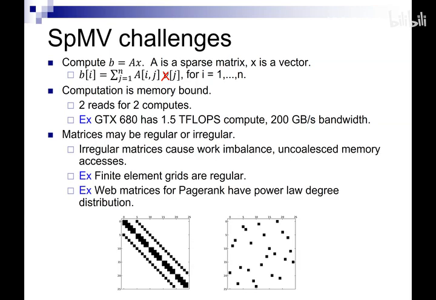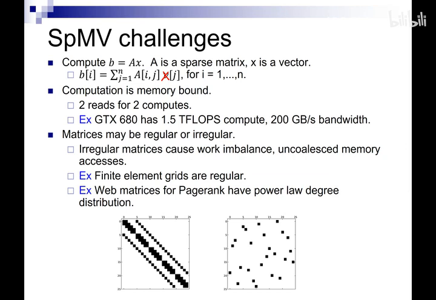Another reason it's hard is that the matrices we work with may either be regular or irregular. Sometimes they're regular. I talked about this finite elements representation. In that case, we're basically using a matrix to represent something like a grid, and you could end up with something fairly regular.